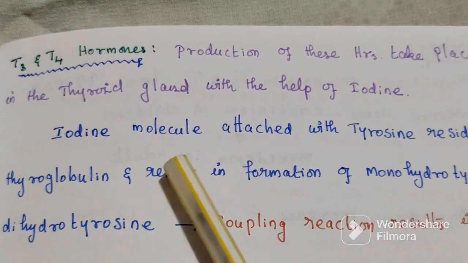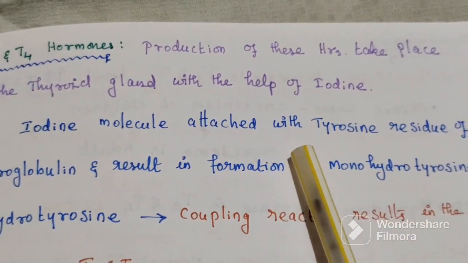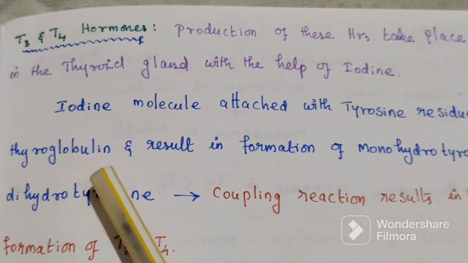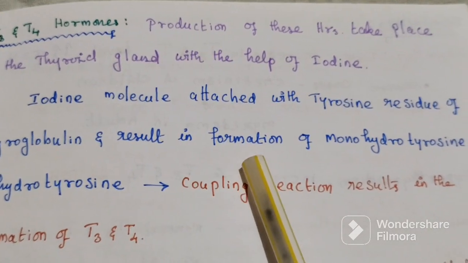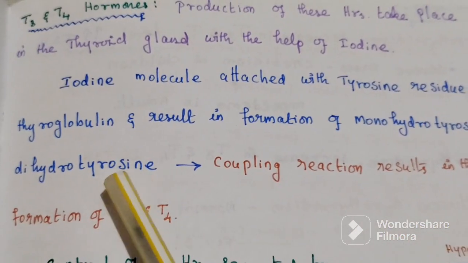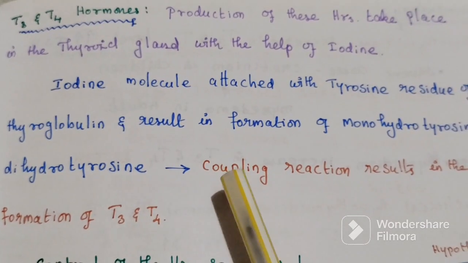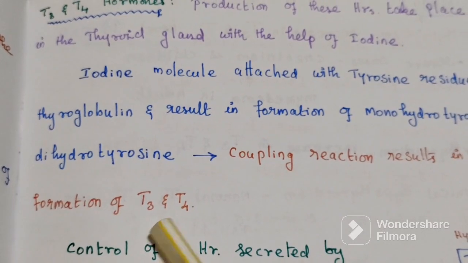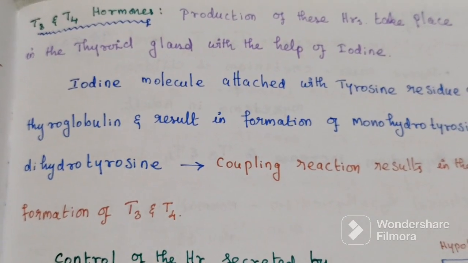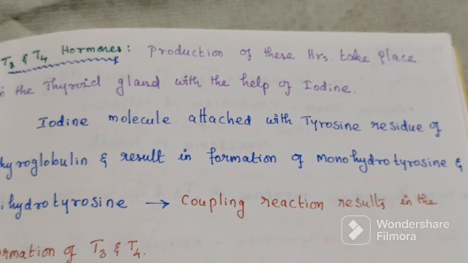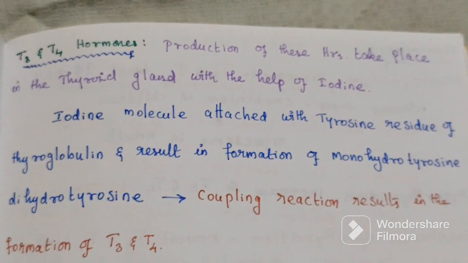Iodine molecules get attached to tyrosine residues of thyroglobulin and result in the formation of monoiodotyrosine and diiodotyrosine, whose coupling reaction results in the formation of T3 and T4. This is how the thyroid hormones are produced in our body from tyrosine.